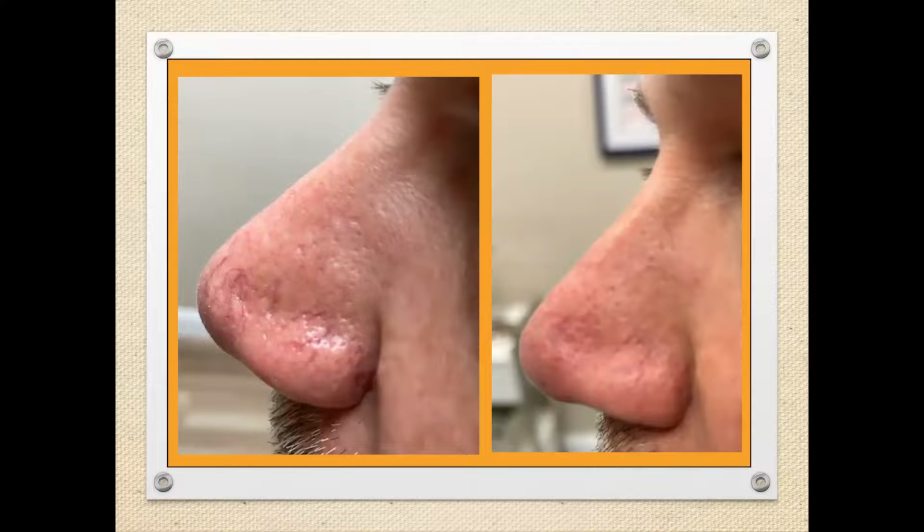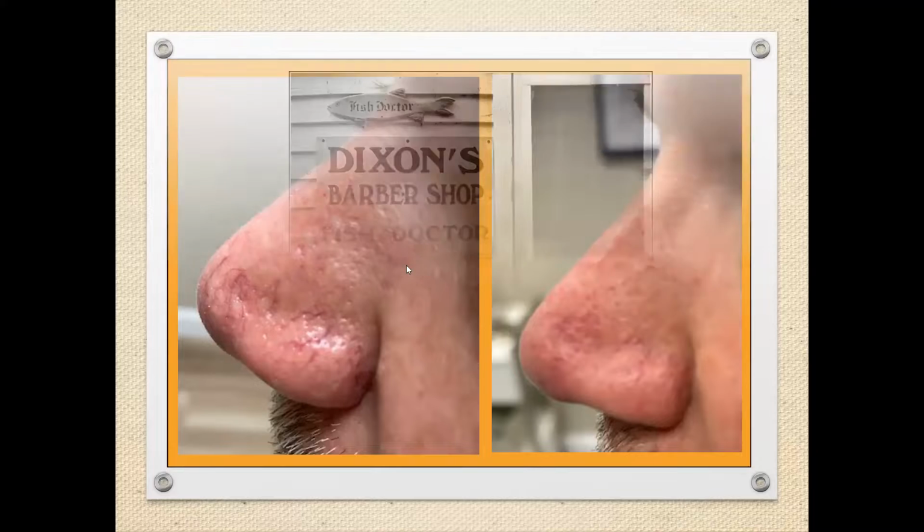I know a lot of patients who have gone to the dermatologist before coming to see me, and laser tends not to work well on the nose like this. So we actually have a machine that has a fine needle that it can ablate these very, very small but cosmetically unacceptable veins in the nose. And these patients are very pleased with the way it looks at the end.